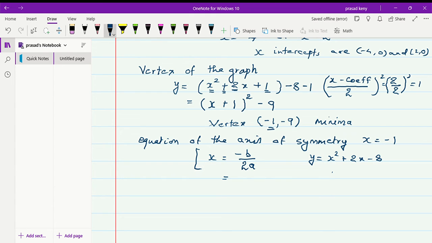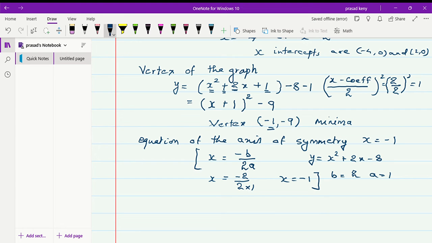So b is 2 and a is 1. So negative b, that is negative 2, upon 2 into 1. So that also gives x is equal to negative 1 as the equation of the axis of symmetry.